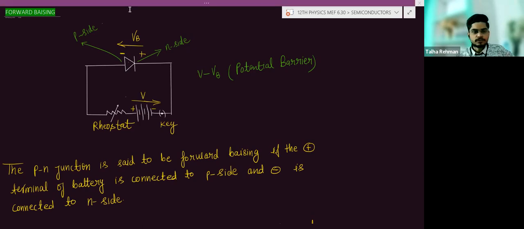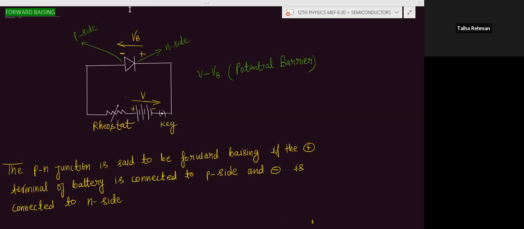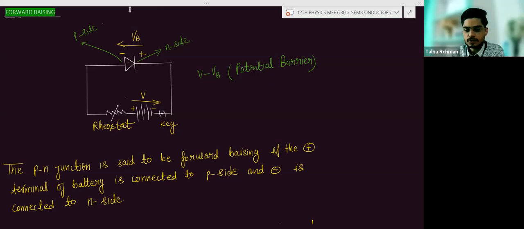So now you can see here the positive end of the battery is connected to the P side, and the negative end of the battery is connected to the N side.